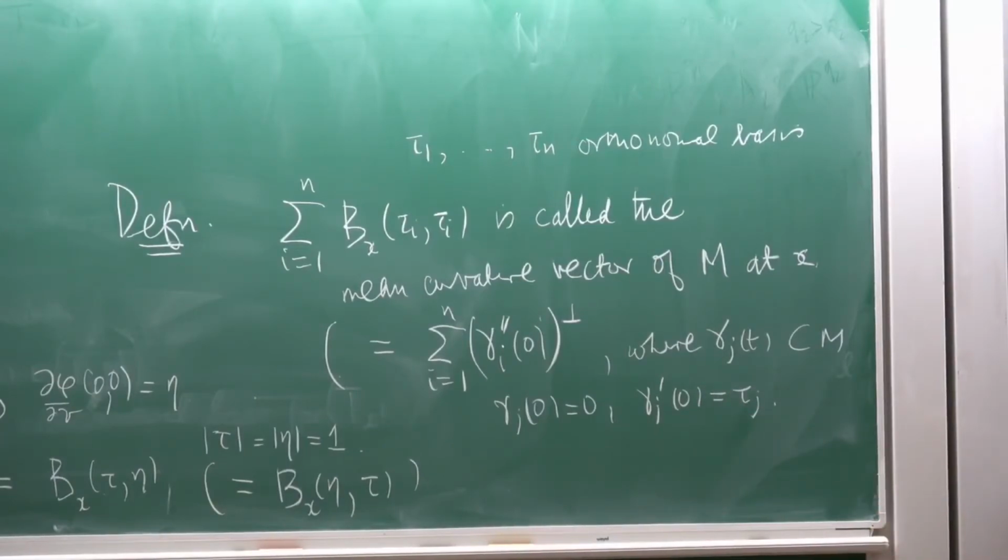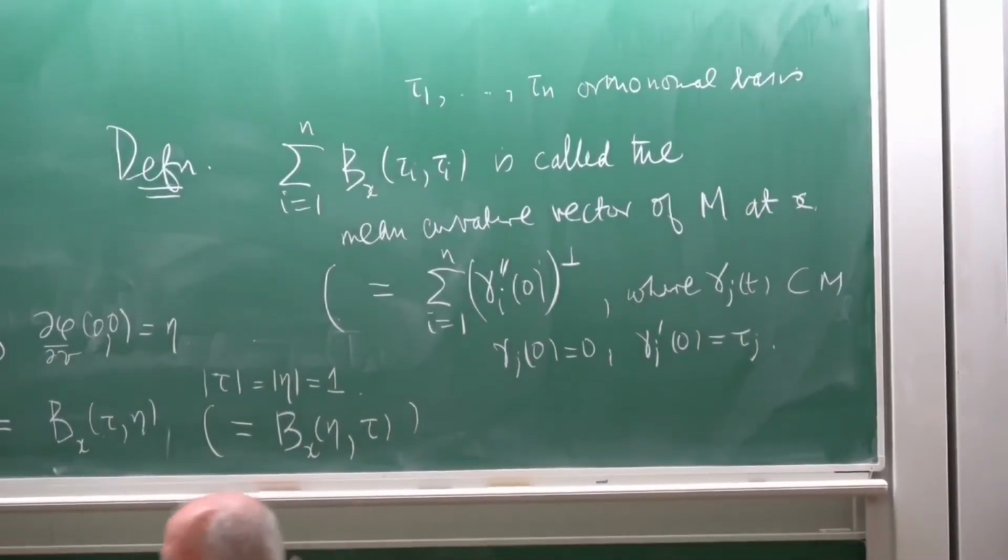So that it really does measure the sum of the normal curvatures at the point. You take n mutually orthogonal curves passing through the point, and you take the normal curvatures of them, take the sum, that gives you the mean curvature vector. Okay, so that's good. That's an important quantity for us, and we'll come back to that as we go along.